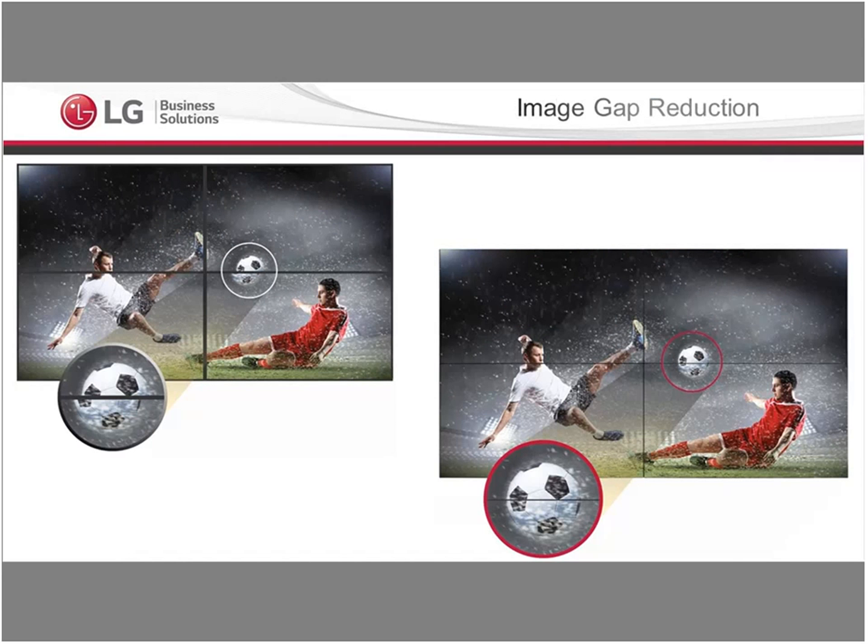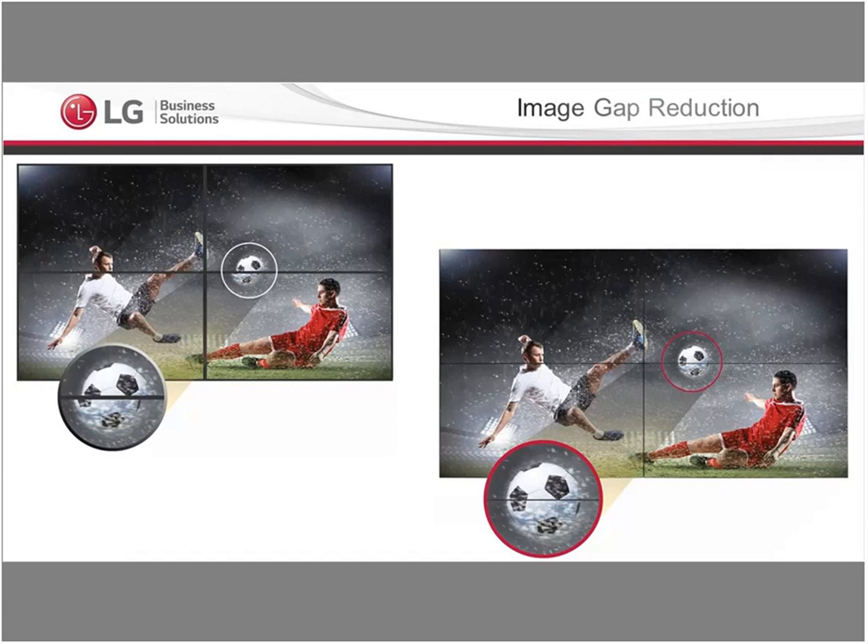Now, one of the things that you should also know about is, especially with our higher-end video wall panels in the VM5B, the VH7B, and you also have seen it in our other video wall panels in the LV77A and the LV75A, and we'll review this again later, our video wall solution has image gap reduction.